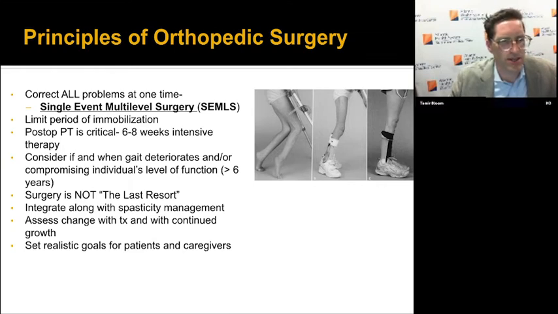We want to, however, integrate non-operative spasticity management options along with the surgeries, and we want to continue to assess the changes with treatment and with continued growth of the child. And we also want to set realistic goals for patients and their caregivers.